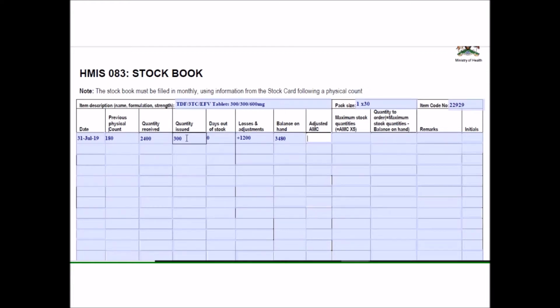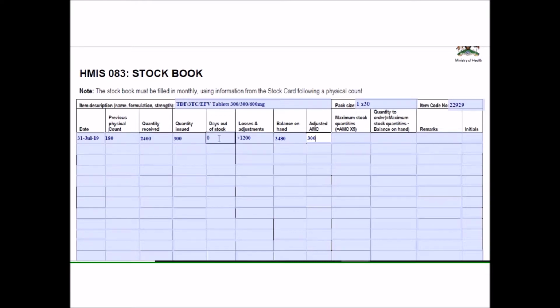So our consumption will be 300 divided by the number of days in that month, which is 30. That returns 10. Then we multiply by 30, because we'll be getting 10 tins per day. We multiply by 30 to convert the daily consumption to a monthly consumption.